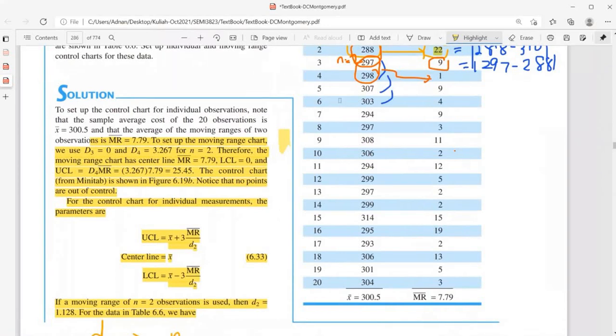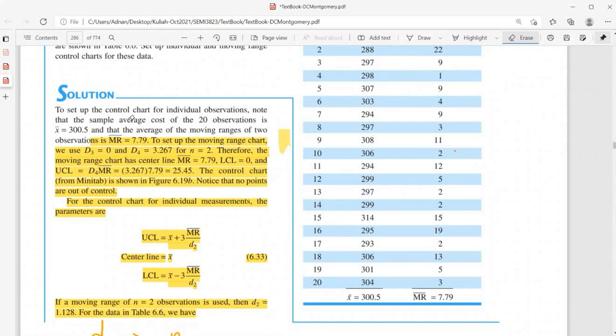We also need to know the MR chart, the moving range chart. What we do is use this formula.